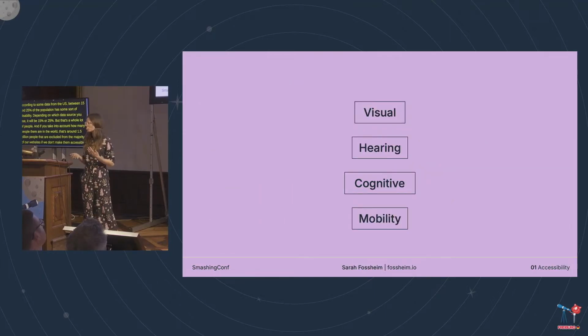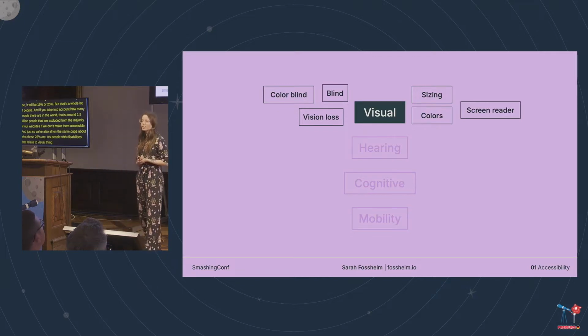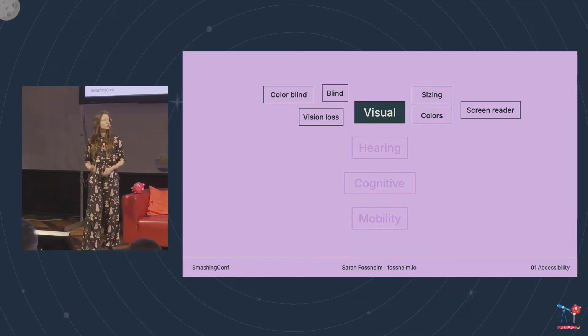And just so we're also all on the same page about who those 25% are, it's people with disabilities that relate to visual things, like, for example, people who are blind, who are colorblind, who have low vision. And for those, it's good to make sure that our colors have enough contrast, so even if you have low vision, the text is noticeable.